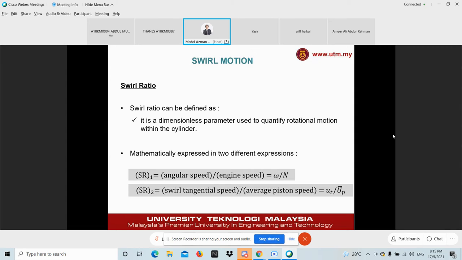Usually swirl ratios are measured by a special device, and the measurement represents the swirl ratio, which is the angular speed divided by the engine speed, or the swirl tangential speed divided by the average piston speed.